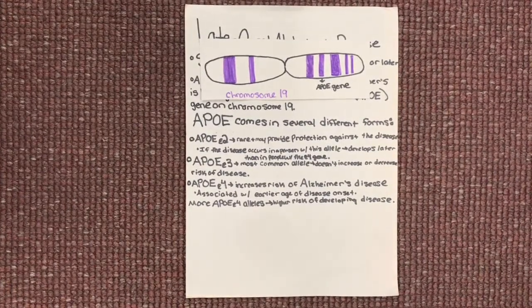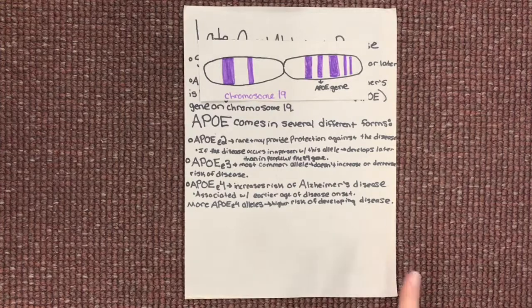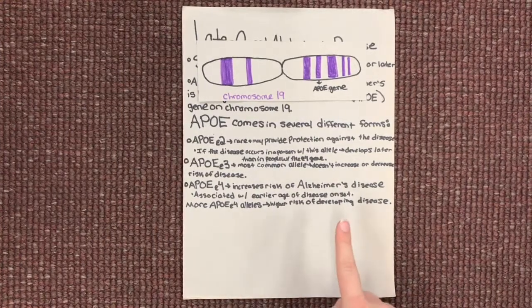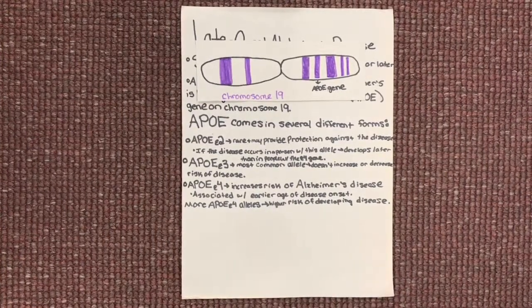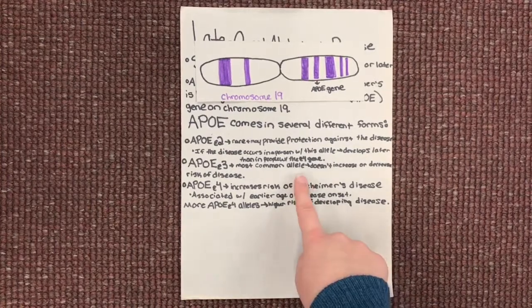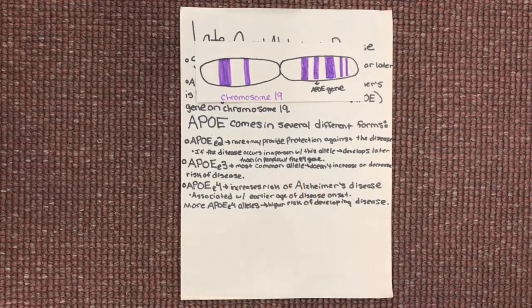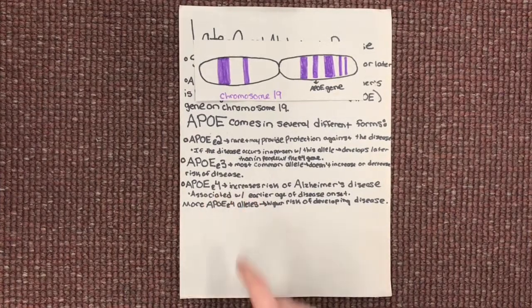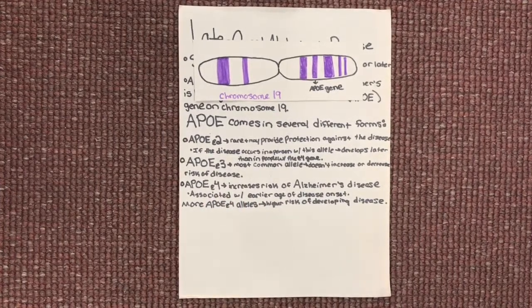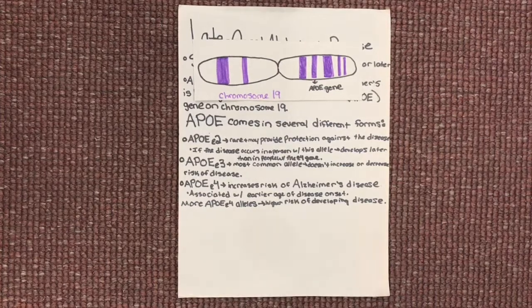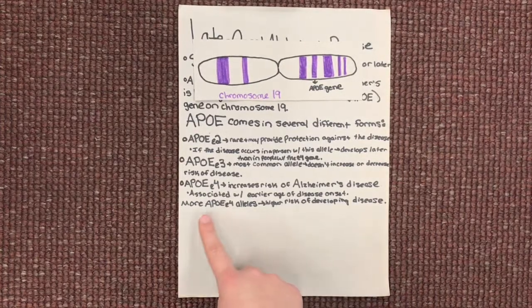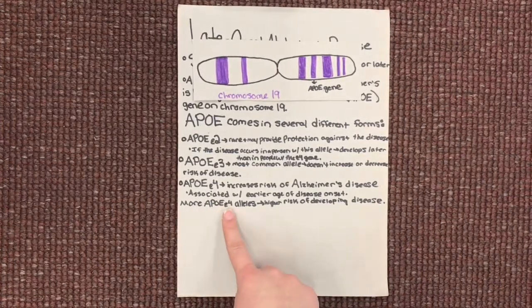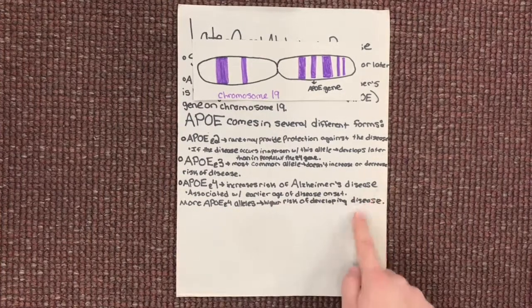And if the disease occurs in a person with this allele, it develops later than in people with the E4 gene. And APOE3 is the most common allele, and it doesn't increase or decrease the risk of the disease. APOE4, however, increases the risk of Alzheimer's disease, and it's associated with earlier age of disease onset. So basically, if a person has more APOE4 alleles, they have a higher risk of developing the disease.